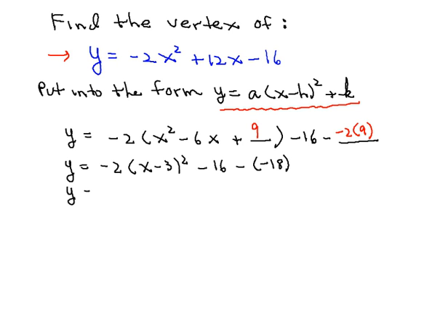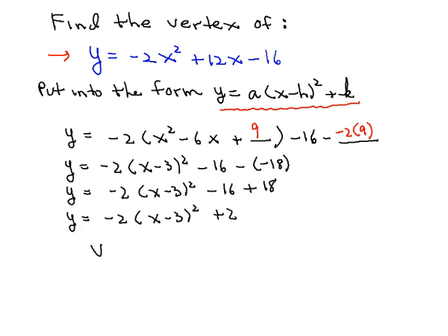So we'll have y is equal to negative 2 times the quantity x minus 3 squared minus 16 plus 18. And then finally, the form that we need is negative 2 times the quantity x minus 3 squared plus 2.